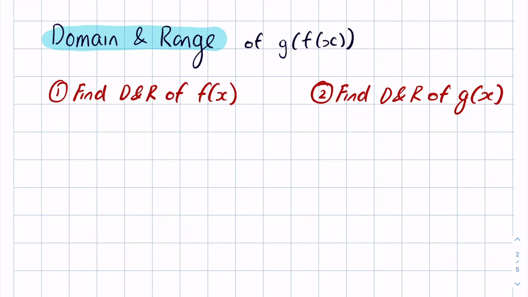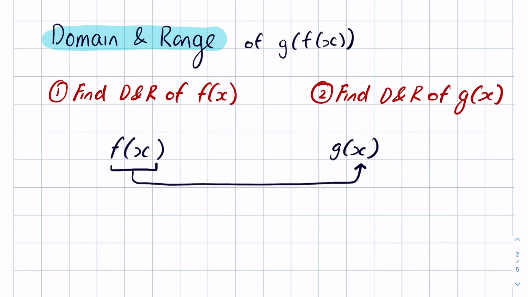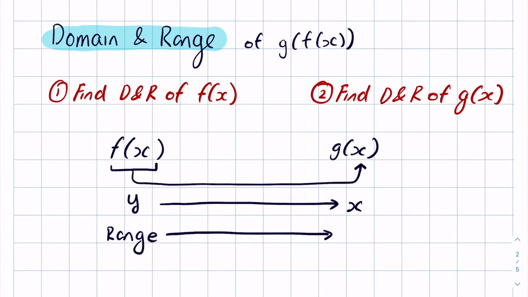A really important concept to remember is that the output of f(x) becomes the input of g(x). This means that the y value of f(x) becomes the x value of g(x). And so the range, which is associated with the y value, becomes the domain of g(x).